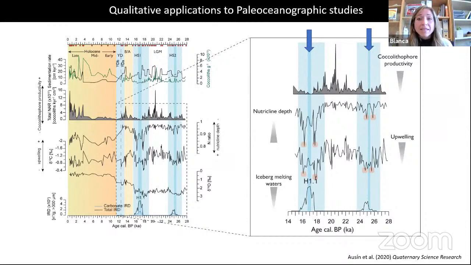So we explain this as the arrival of icebergs producing some mixing. Because coccolithophore productivity is still low, it might be possible that this turbulent mixing during iceberg drift accounts for such variations in the nutricline depth and upwelling intensity.